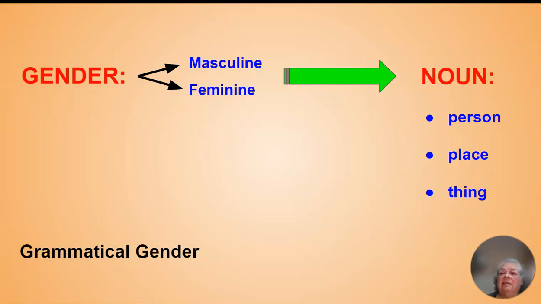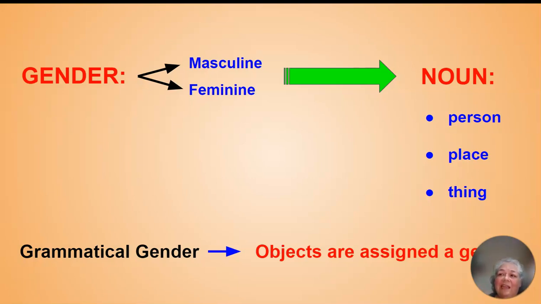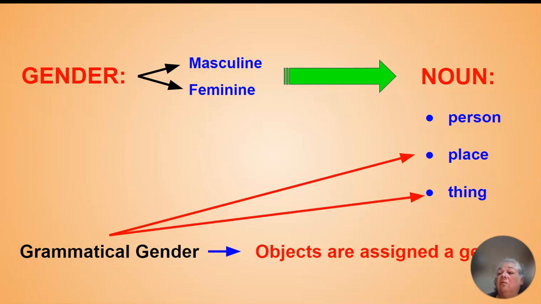And all that it means is that gender is assigned, that being the key word, assigned to things, to objects. In this case, gender will be assigned to places and to things. So yes, river is going to have a gender. Pen is going to have a gender. How I'm going to explain that in just a moment. Okay?